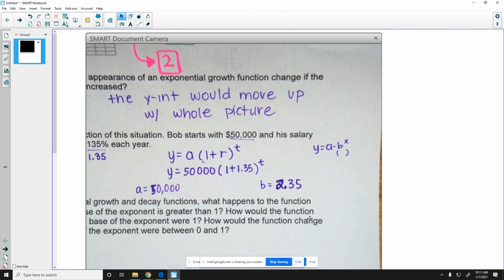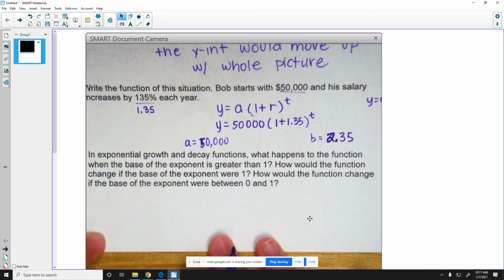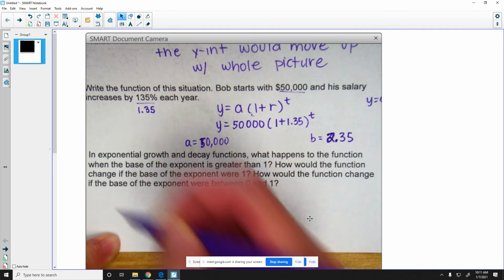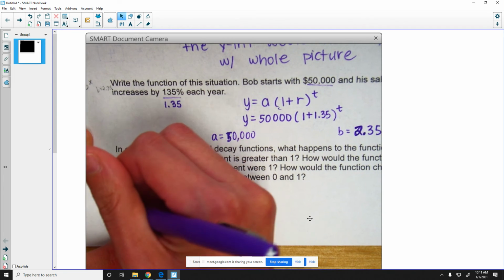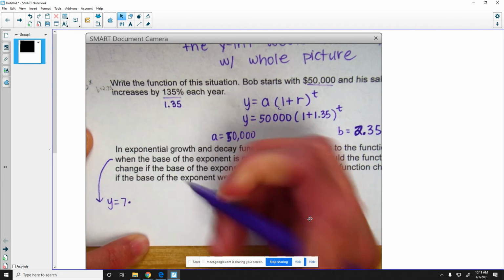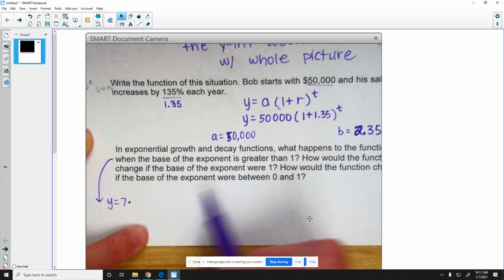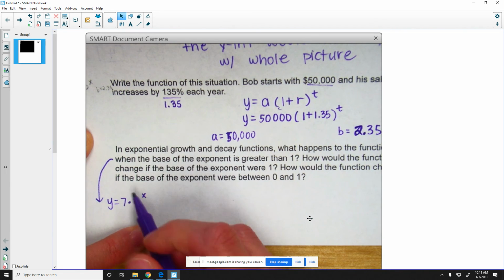Last one. In exponential growth and decay functions, what happens to the function when the base of the exponent is greater than 1? So, for example, what if I had y equals 7 times... okay, so the base of the exponent, because it's to the x power, right?